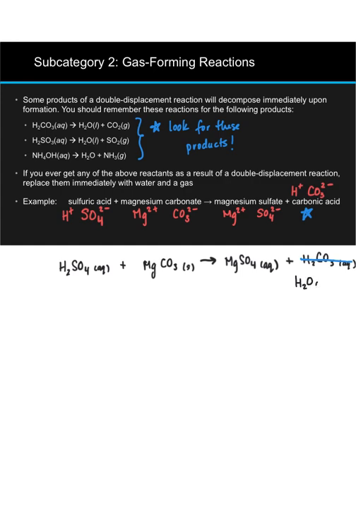H2O, which is liquid, L, and whatever's left over, a carbon and 2 more oxygens, CO2, which is a gas, G. The real products of this reaction are magnesium sulfate, water, and carbon dioxide gas.